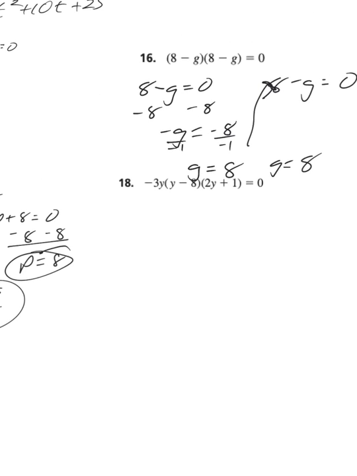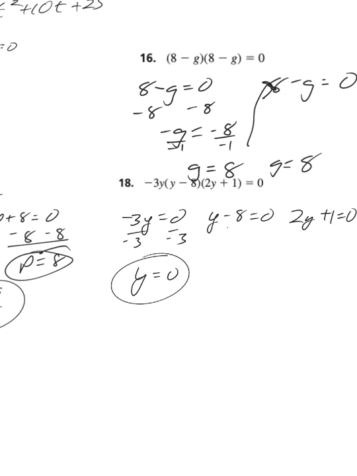And the last one, let's finish up. Guys, hanging in there, you did a great job. y minus 8 equals 0, and 2y plus 1 equals 0. So for the first factor, y equals 0. That's one root. Add 8 to both sides, y equals 8.